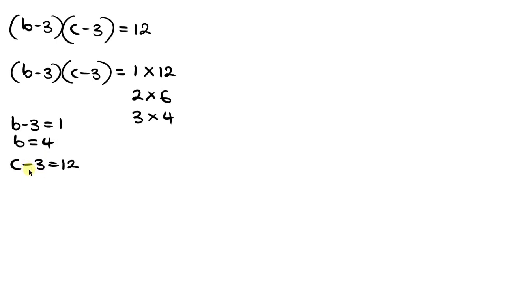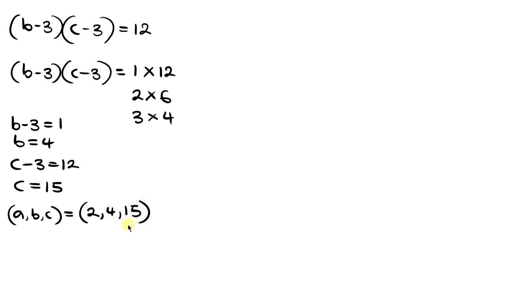While for here, I'm going to be moving negative 3 to the right, making it plus 3. So 12 plus 3 is 15. So C is equal to 15. So the values of A, B, and C from this is equal to, remember, we are solving for when A is 2, and B is 4, C is 15.